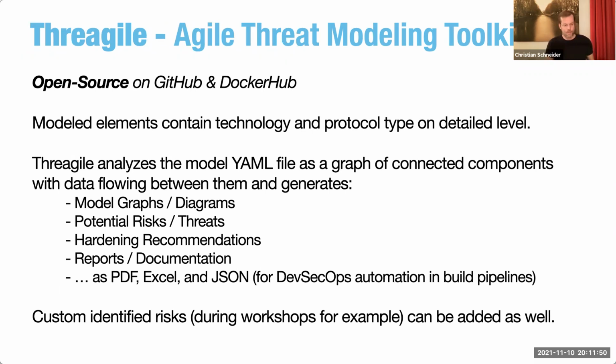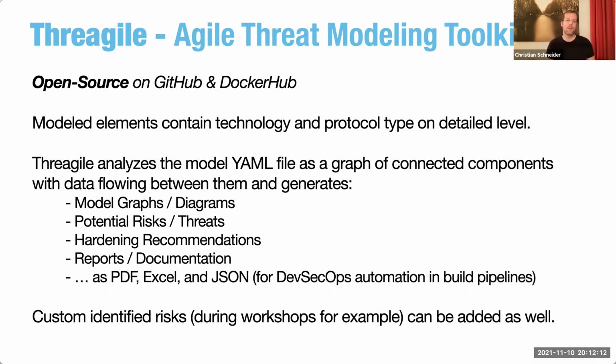Well, and that's exactly what Threagile is about. That's, if you want to name it like that, an agile threat modeling toolkit, something around that. It's a good definition. Threagile, that's open source on GitHub and Docker Hub. I created that last year, and it's released under the MIT license, so a very permissive open source license. And that's doing exactly that.